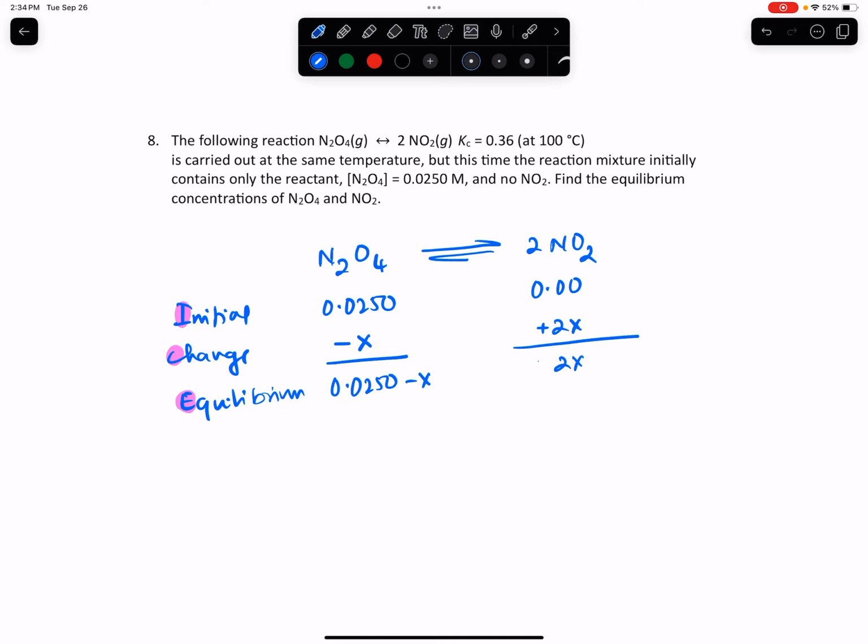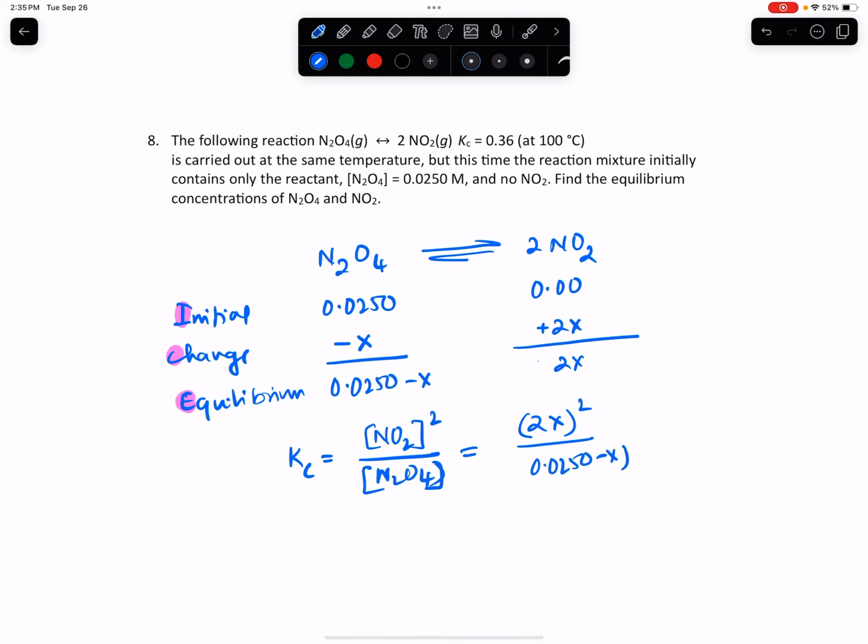So now we have this. The next thing we have to do is write the equilibrium expression, which is Kc is equal to NO2 raised to the power of 2 over N2O4. Okay, we plug these values in. We have 2x raised to the power of 2 over 0.0250 minus x. And this whole thing is equal to 0.36.